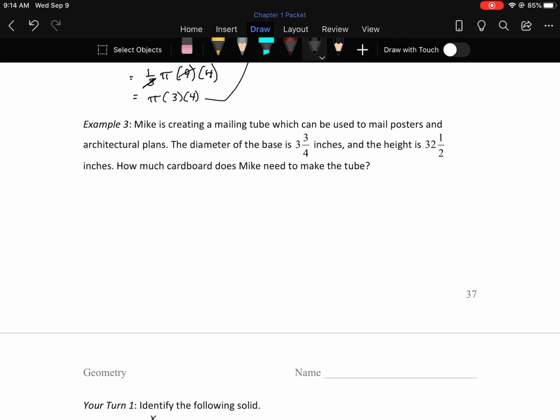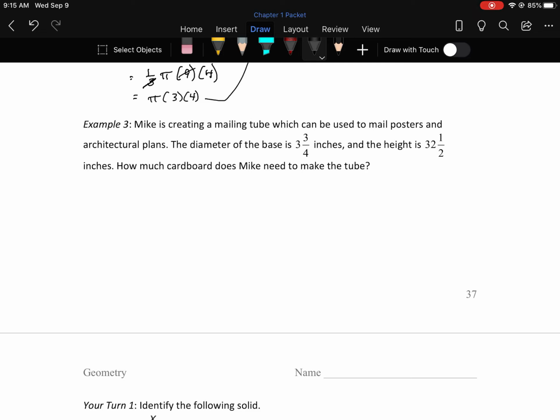There's no picture, so maybe we will have to draw a picture. It says Mike is creating a mailing tube which can be used to mail posters and architectural plans. The diameter of the base is 3 3/4 inches and the height is 32.5 inches. How much cardboard does Mike need to make the tube?